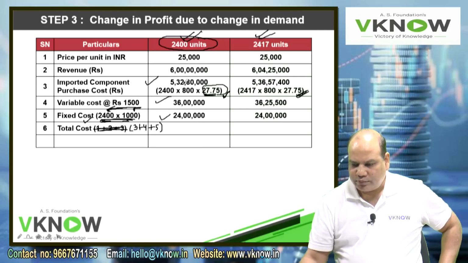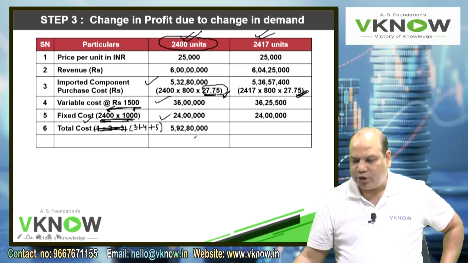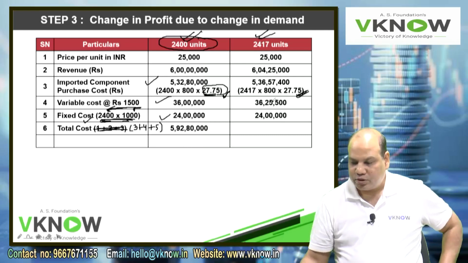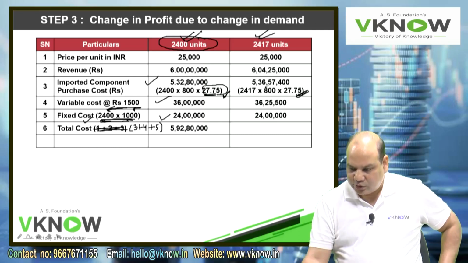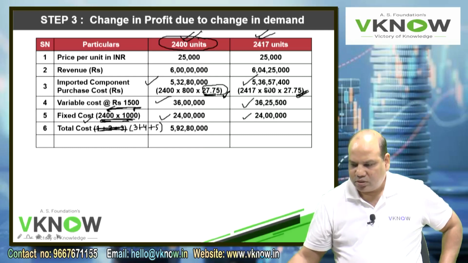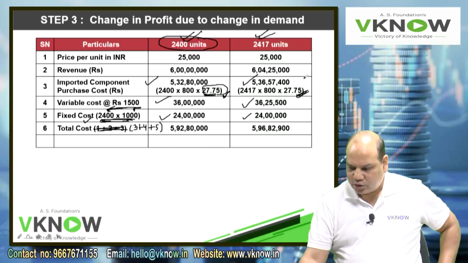You can do it. 5 crore 92 lakh 80,000. Then try this one also. These three numbers. Please take the total. Sorry, 5 crore 96 lakh 82,900. The total of these three.